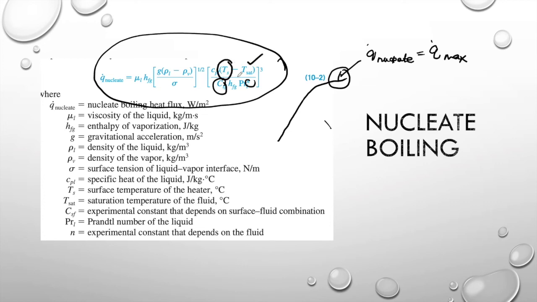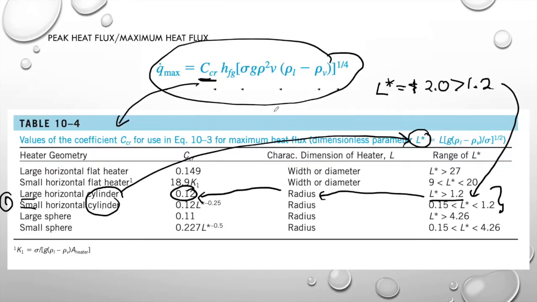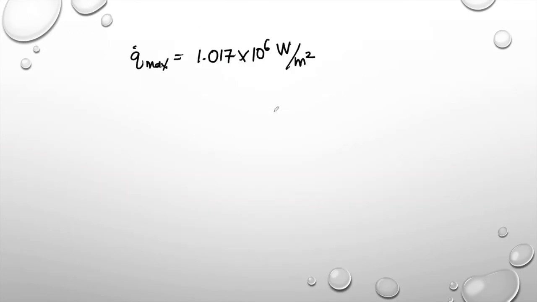After that, substitute all the values, and now we know that the Ts remains unknown. We do know the T saturation, but we do not know the T surface. So rearrange the equation, which is equal to Q dot maximum. Q dot maximum is already calculated before, and then rearranging this equation, you will get Ts.